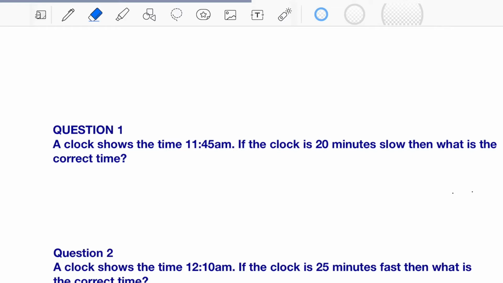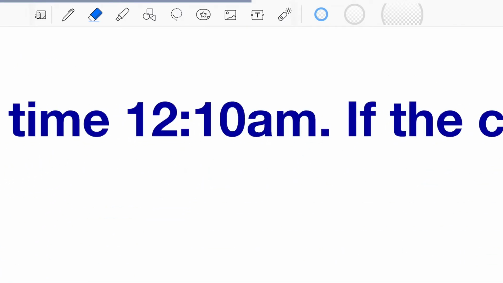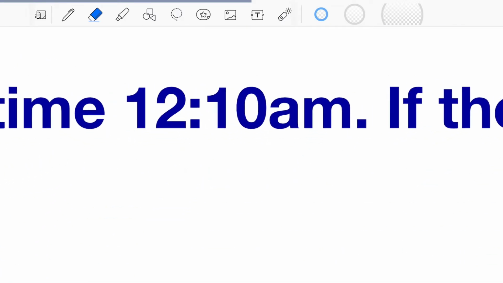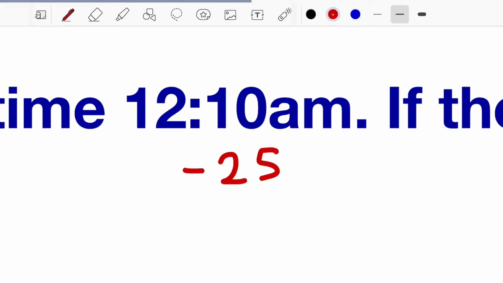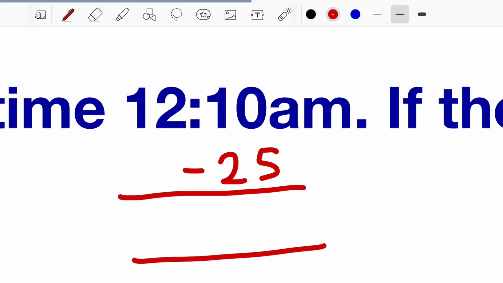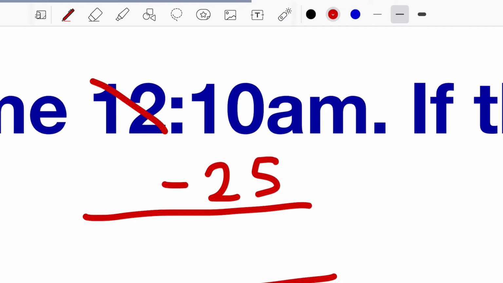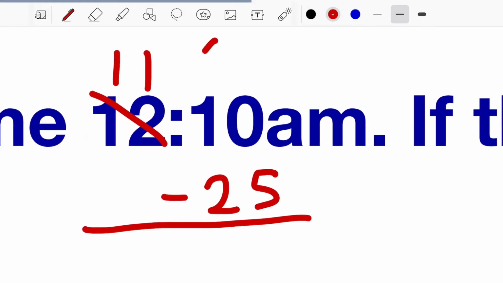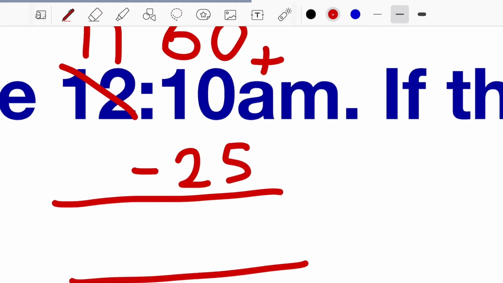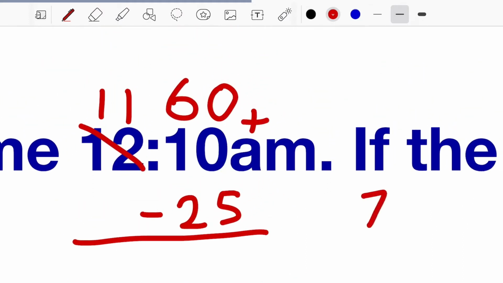So let's subtract. 12:10 minus 25 minutes. So we know that 10 cannot take away 25, so we must borrow from the 12. 12 take away 1 is 11, and we are bringing across 60 because 1 hour is 60 minutes. Now we are going to add 60 plus 10 is 70. 70 take away 25.